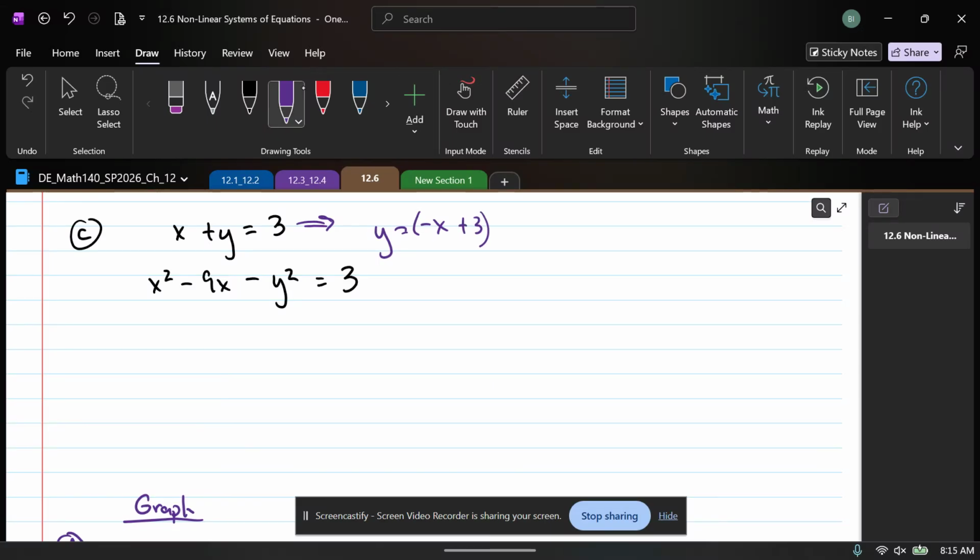And I'm going to take that stuff and I'm going to put it in the place of y in that equation. So that's going to give me x squared minus 9x minus parentheses negative x plus 3 squared. So I'm substituting negative x plus 3 in the place of y, and I've got to square that. What's it mean to square negative x plus 3?